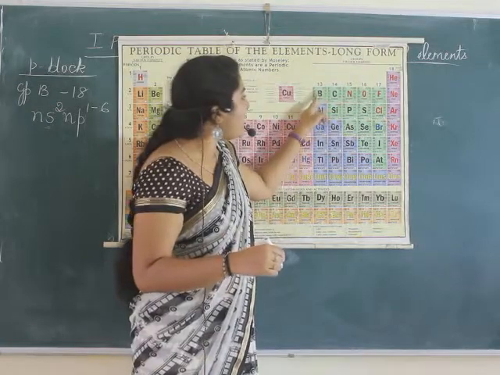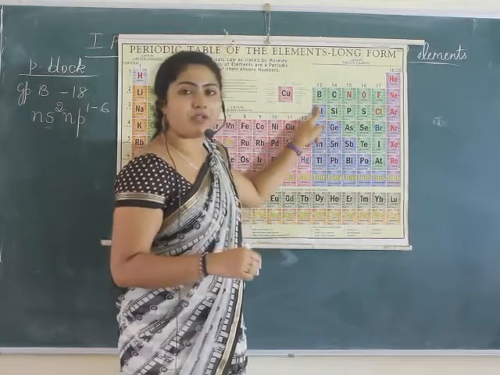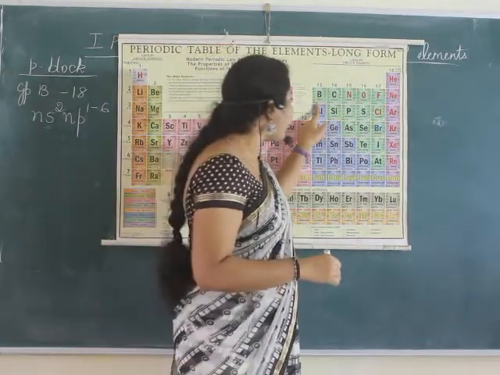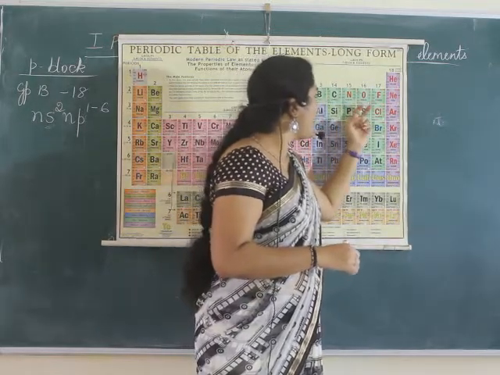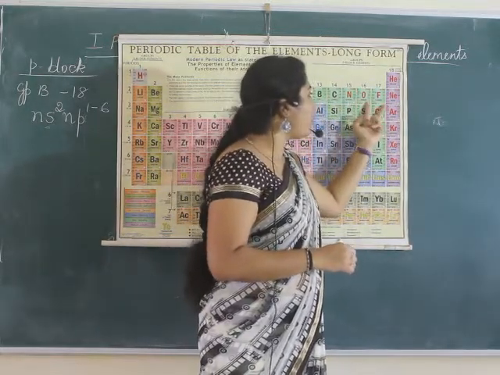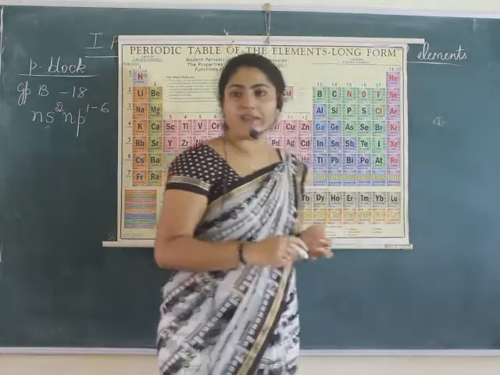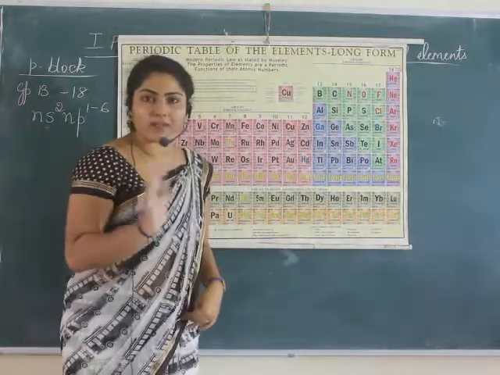So here let me tell you, for boron the outer shell configuration will be 2s2 2p1, here 2s2 2p2, 2s2 2p3, 2s2 2p4 for oxygen, fluorine 2s2 2p5, like that it goes. Hope it is clear now.